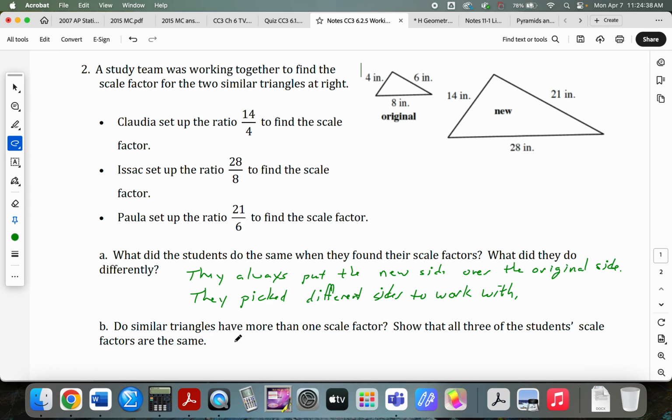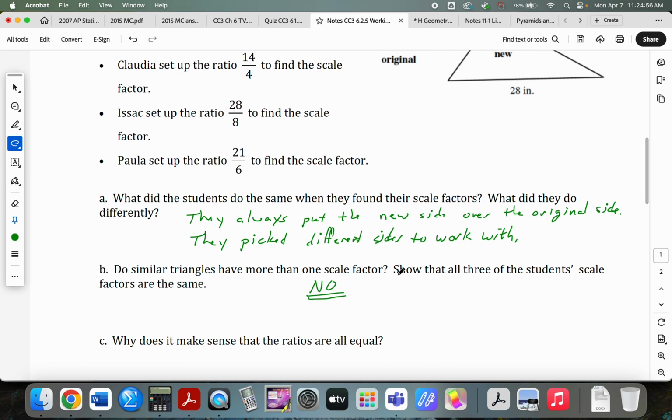So then the question becomes, well, do similar triangles have more than one scale factor then? Do they? Most decidedly no. Yeah, when you reduce these, so we're on the front right now.